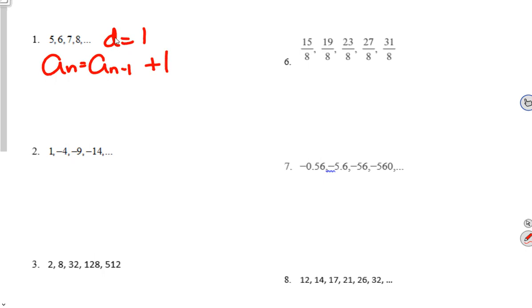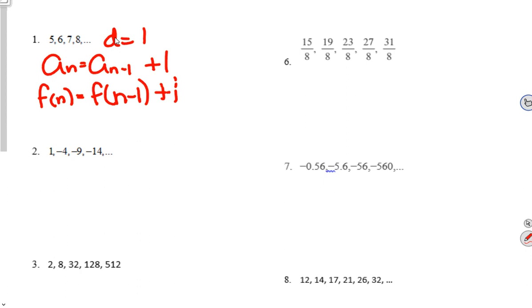In function notation, it's going to be f of n equals f of n minus 1 plus 1. There it is. That's all you need to do here: you're writing it in sequence notation and you're writing it in function notation. So you have to find the common difference or the common ratio, and then you need to write the formulas, write the notations.